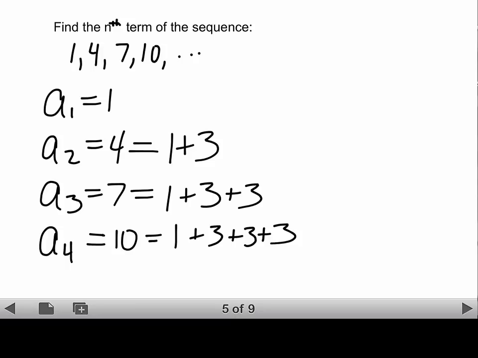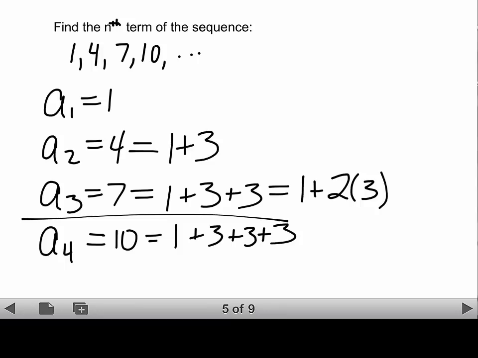Well, the third term, a sub 3, I could write this as 1 plus 2 times 3. The fourth term, a sub 4, which is 10, I could write it as 1 plus 3 times 3. And trying to write it like that, let's see if we can do it with a sub 2, which was 4.